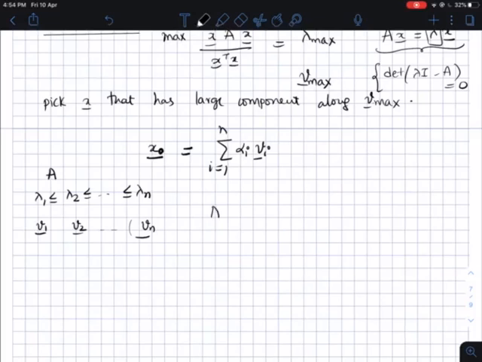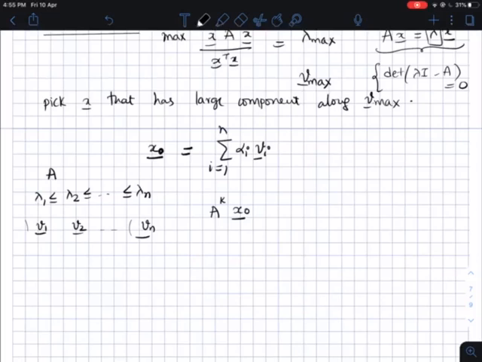Suppose I repeatedly keep applying A, that means I apply A to the power of k times x naught, meaning I apply A k times. Why do you do that? Remember, what does A do? The eigenvectors get amplified by an amount equal to the eigenvalue. v1 gets amplified by lambda 1 when you apply A to it, v2 gets amplified by lambda 2, and so on.